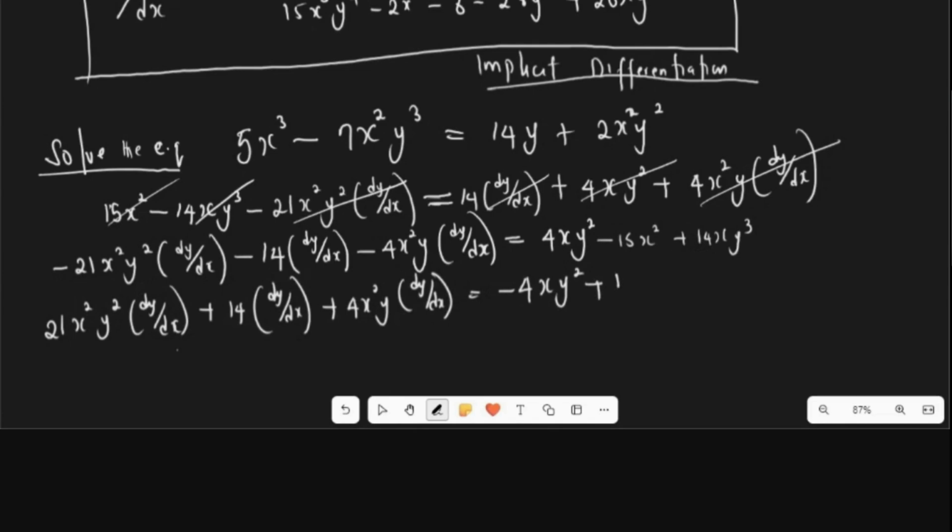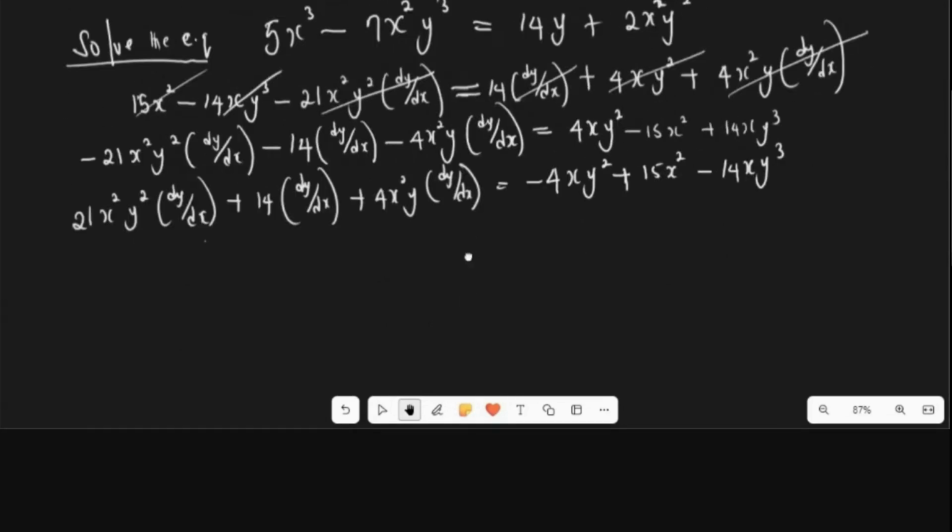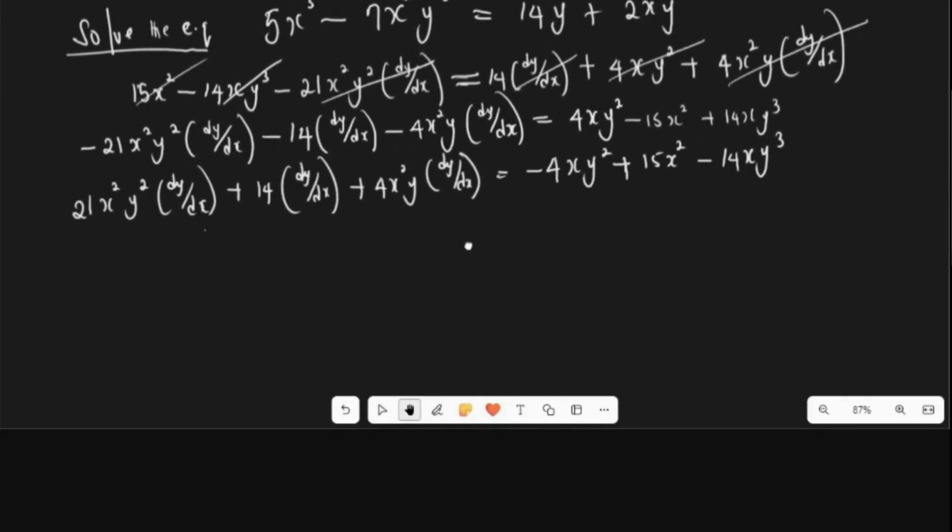Plus 15x squared minus 14xy cubed. Any confusion so far? All right, so we can continue already.